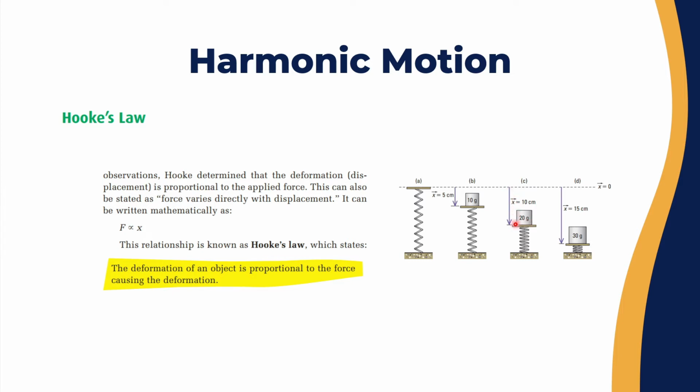You can see the 20 gram box is squeezing the spring even more, so the X is 10 centimeters. With a higher force or a higher weight, of course, force and weight are related: F equals mg, F equals mass times gravity. So if you have the mass multiplied by gravity, you get the force. So we're talking about force in one way or another. You have here x0, or x naught, x initial, and the x final is here. So the total X is a 15 centimeter deformation for that spring.